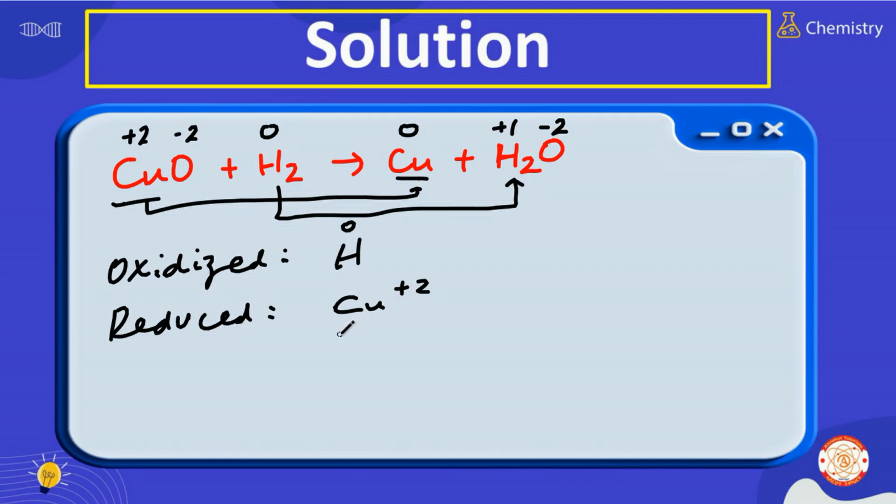So remember, you have to write those substances or species on the reactant side. And now let us identify which species has been acting as oxidizing agent and reducing agent.